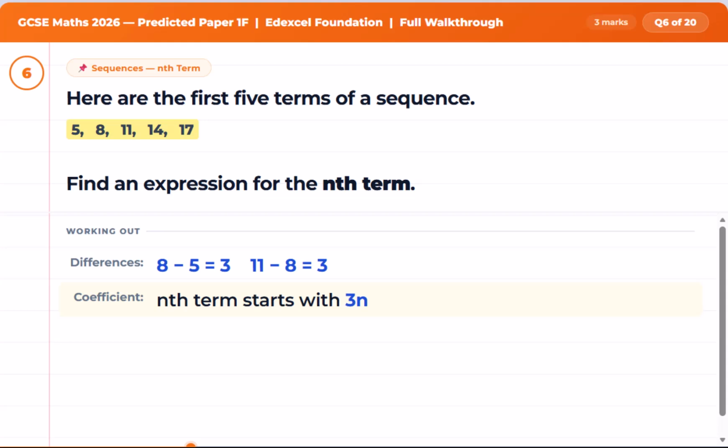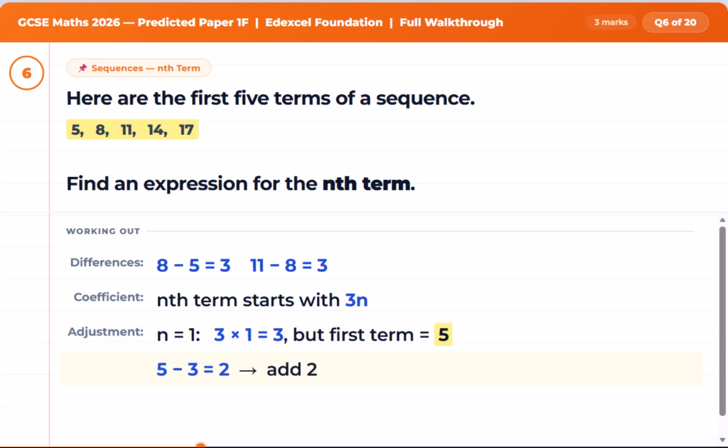Because the common difference is 3, the nth term begins with 3n. When n equals 1, 3n gives 3, but the first term is 5. We need to add 2. 5 minus 3 equals 2, so we add 2 to 3n. The nth term is 3n plus 2.